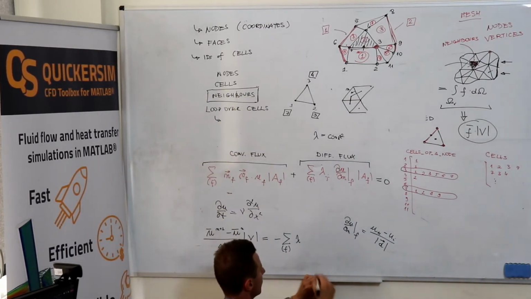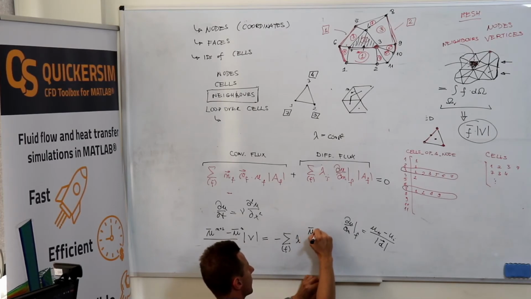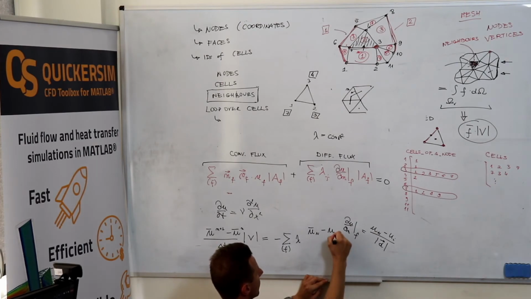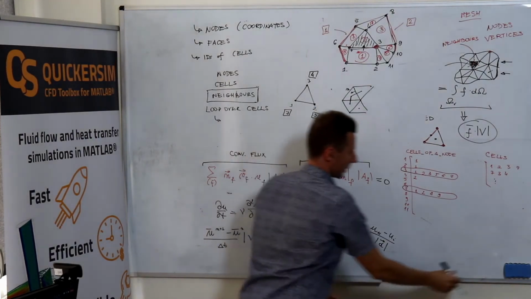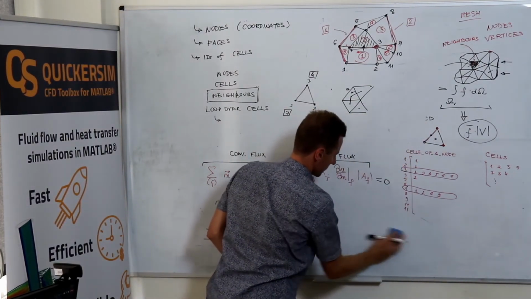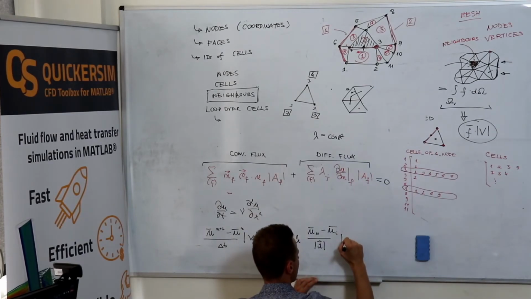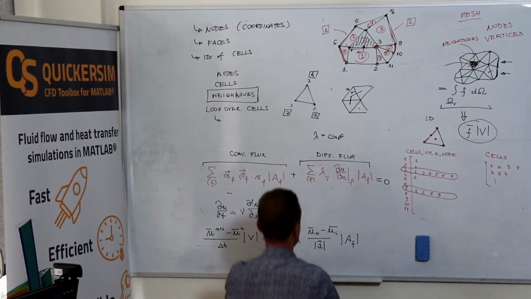What we would do is u of the neighbor minus my own u, divided by the distance, times the surface area of the face.